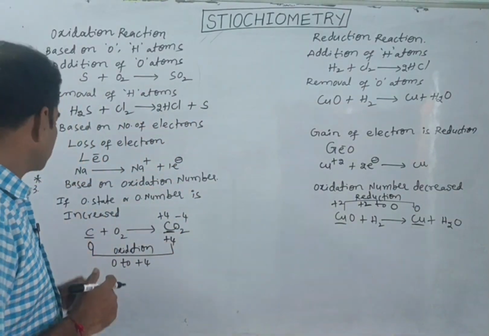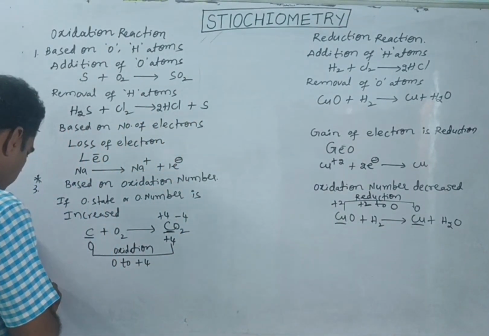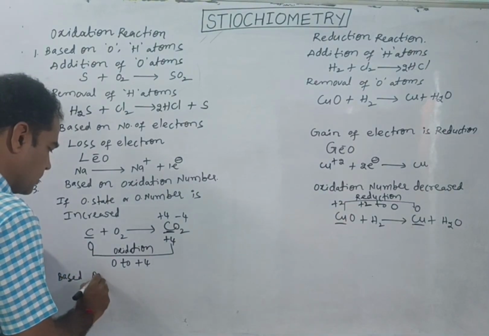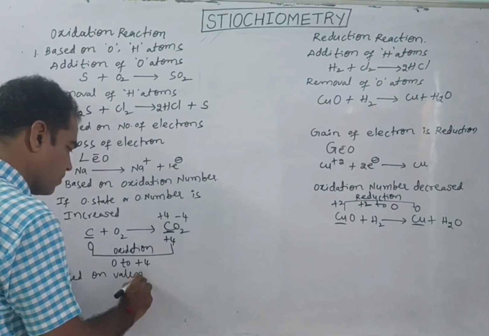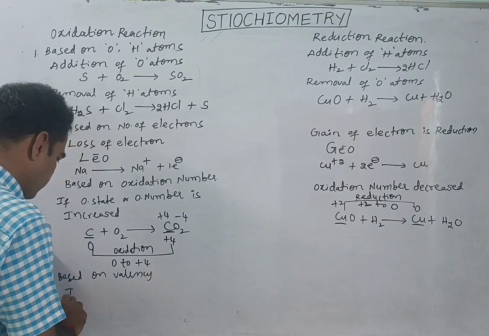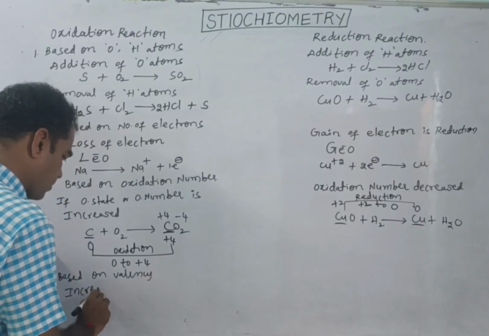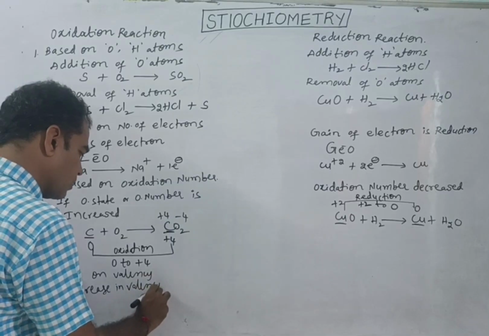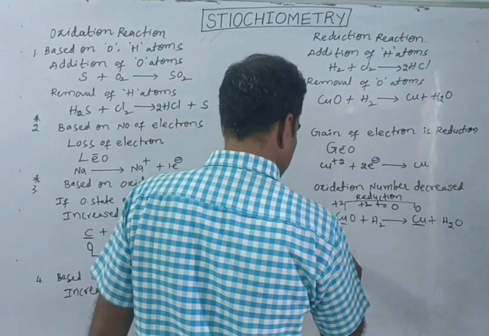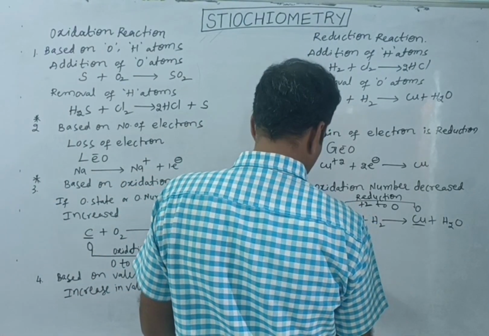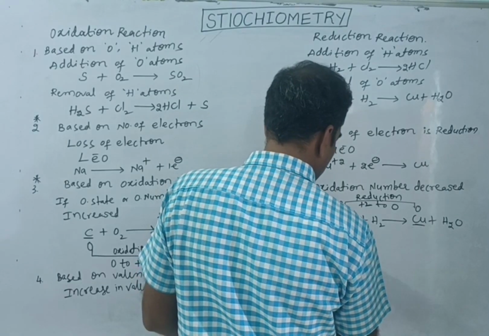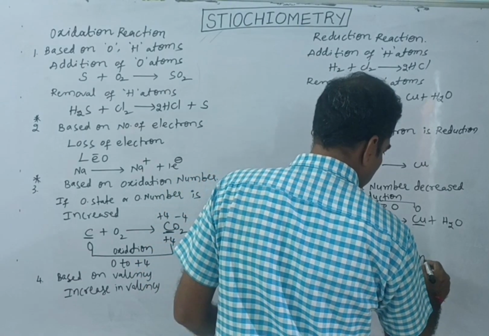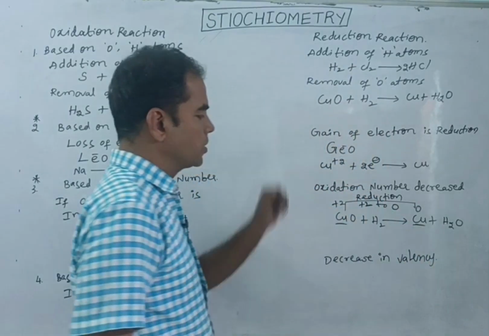Okay. And the next one is based on valency. Based on valency. Increase in valency, that is oxidation. Here decrease in valency, that is reduction reaction.